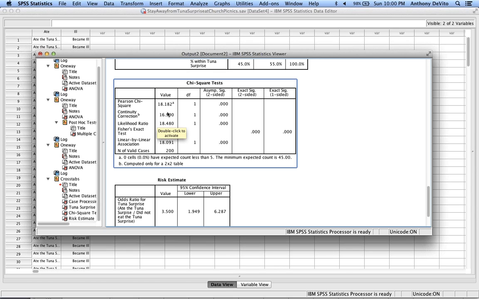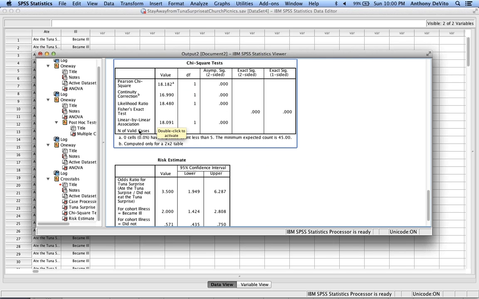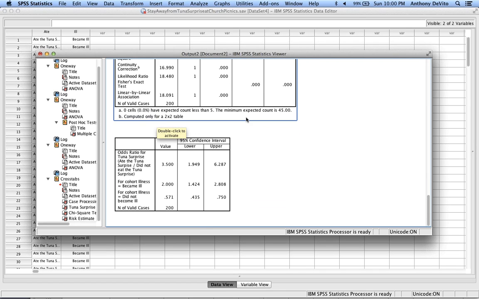If we had used the continuity correction, we would have gotten a slightly smaller value for chi-square, but we still have a very significant result. So we would reject it in either case. In this case, we would have subtracted 1/2 from the top before we squared it. So that's our chi-square and our probabilities, and we can reject the null hypothesis.